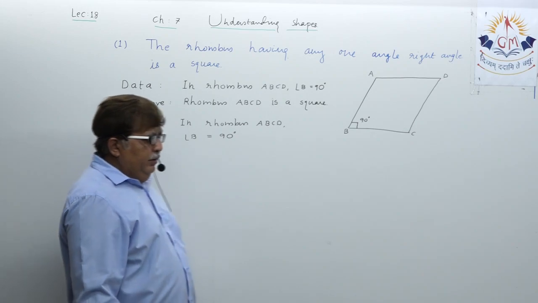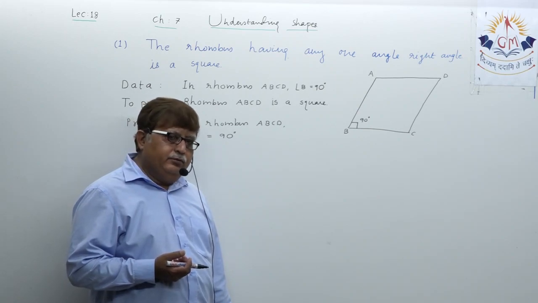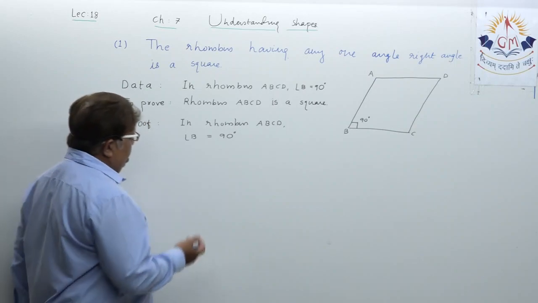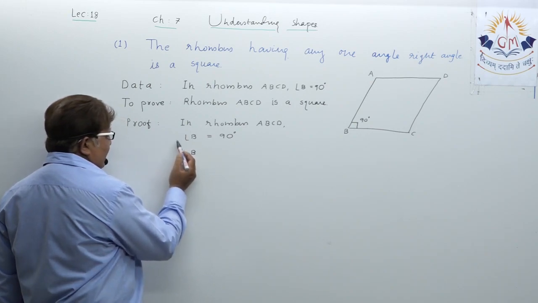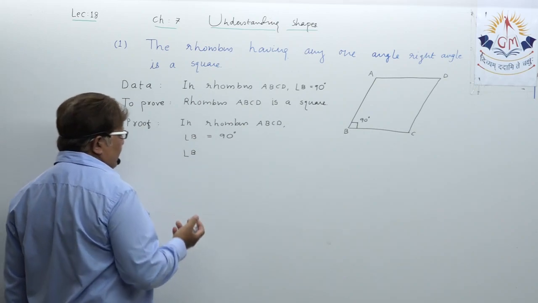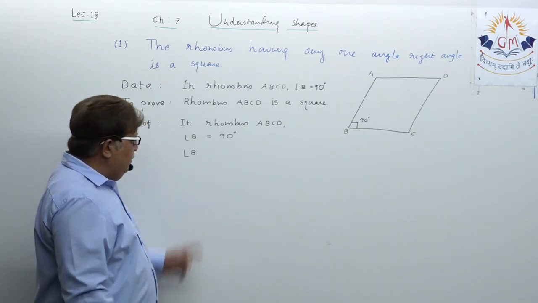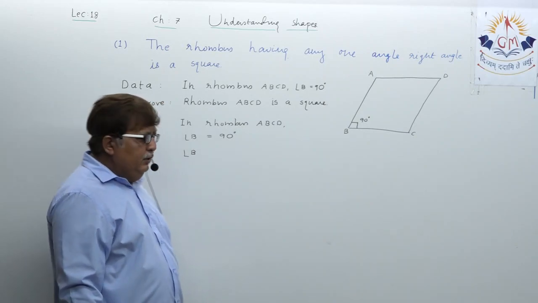We can take pairs of adjacent angles. Suppose we write this way, angle B. I am not writing measure M because as per NCERT sometimes they don't follow this, so there is no need to write measure of the angle this way.